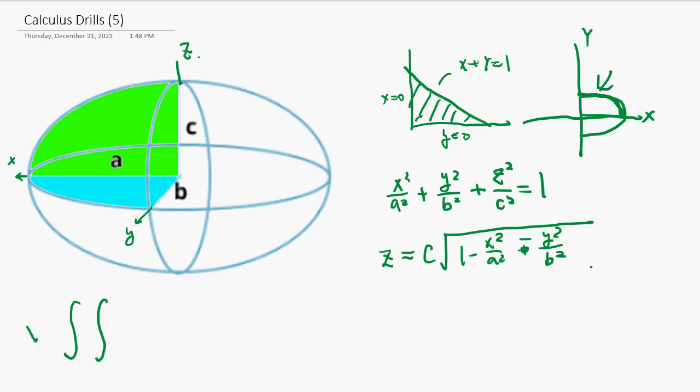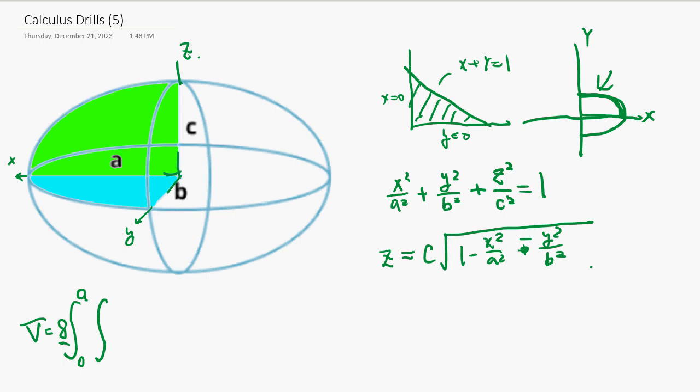So the integral to calculate the volume is going to be, this is, say, all symmetric. We are calculating only 1/8 of the volume, so for the whole ellipsoid you have to multiply by 8. And x is 0 to a, right? And we calculate y.